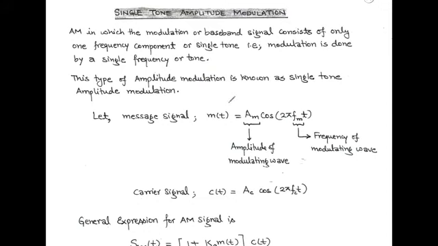For this, we consider a message signal denoted by m(t), and it is a sinusoidal one, that is equal to A_m cos 2 pi f_m t. Here A_m is called the amplitude of the modulating wave or message signal, and f_m is called the frequency of the modulating signal.